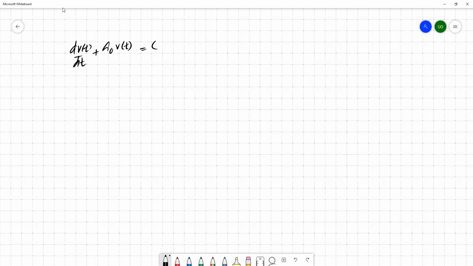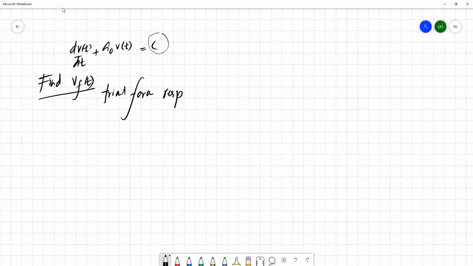So we find the forced response, v_F(t). First we start with the trial solution. We propose a trial forced response by looking at this right hand side. It's a constant, so we propose our trial forced response as a constant, A, where A is a constant.